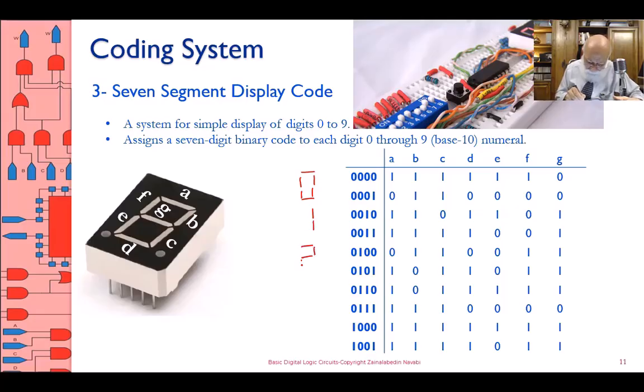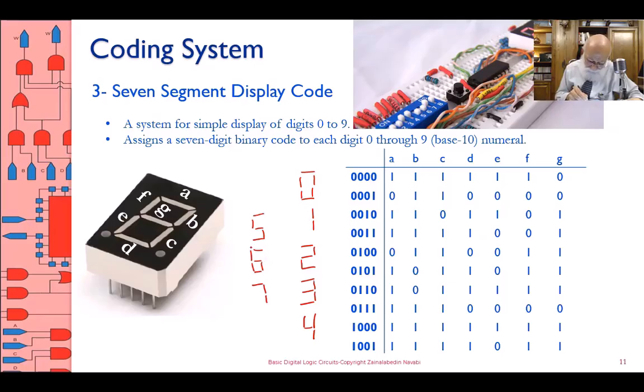That's a 2. That's a 3. Okay. That's a 4. And continue on this side. This is a 5. This is a 6. There are 2 ways we can write the 6. This is a 6. This is 7.